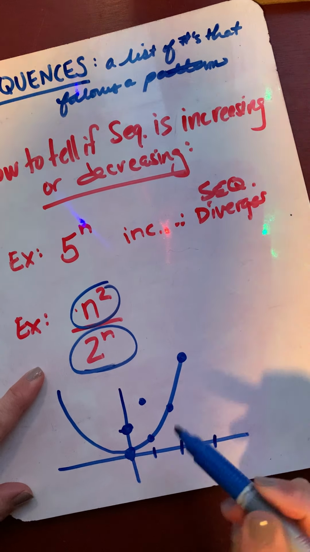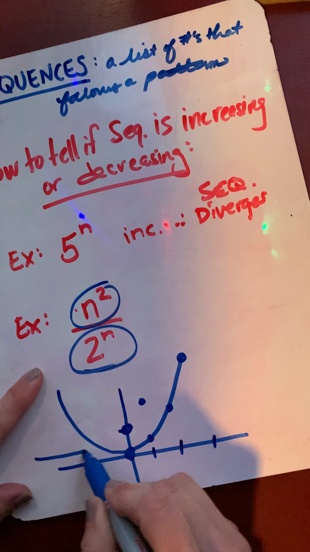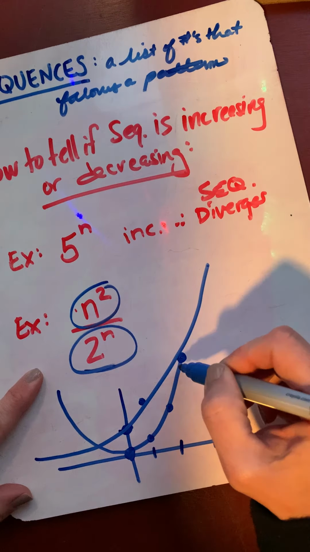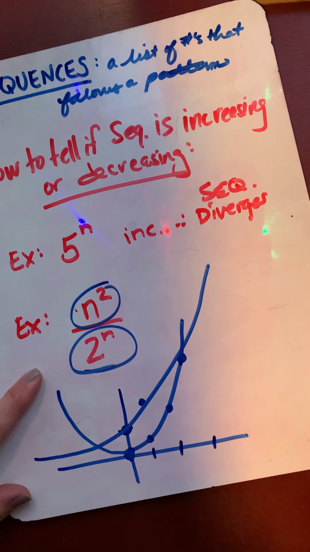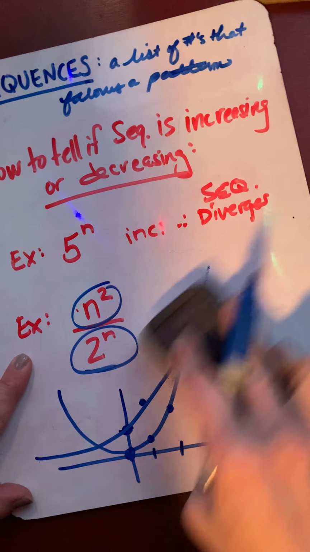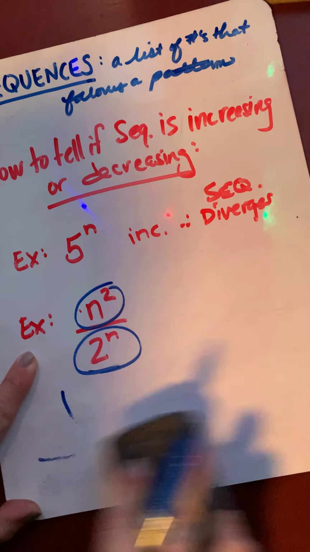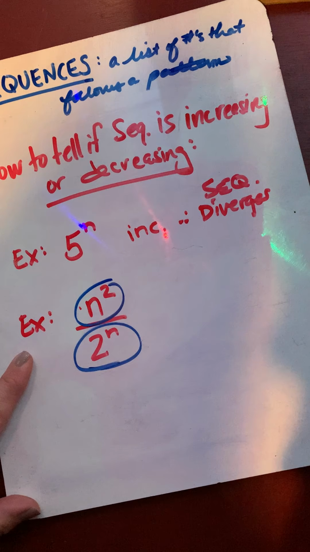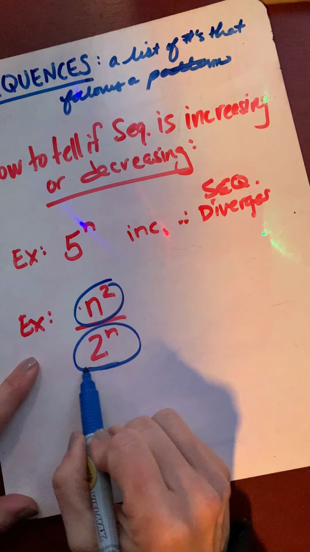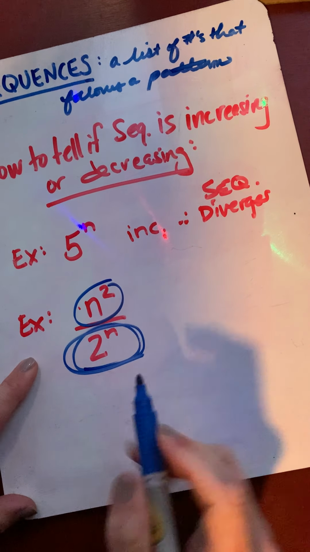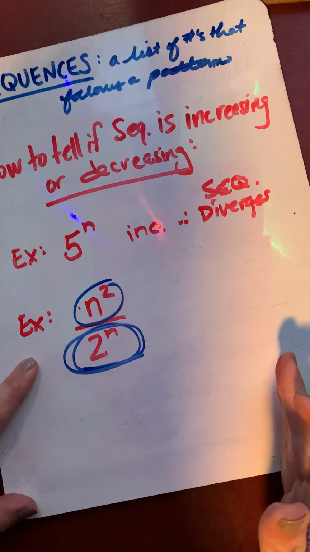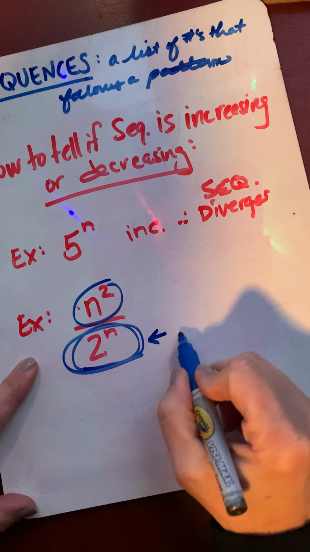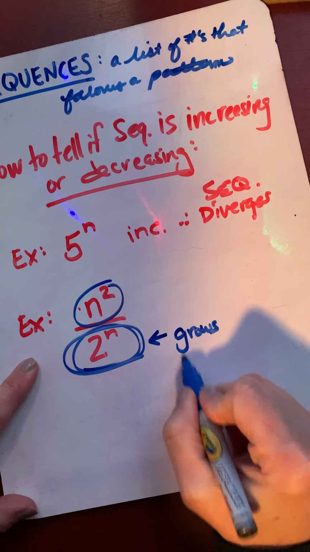I'm graphing it terribly, nothing is drawn to scale. Go ahead and take your graphing calculator, pause it, and show yourself because I don't have mine next to me. The exponential grows way faster once I get beyond a certain number of x values.